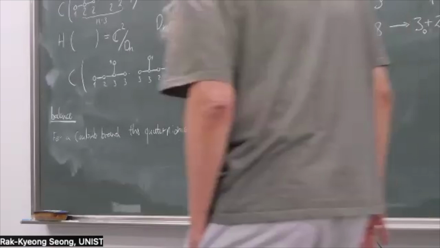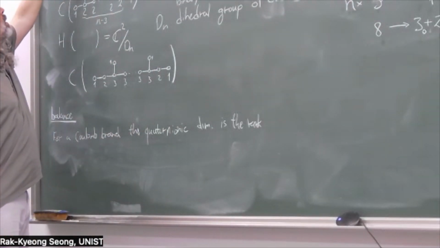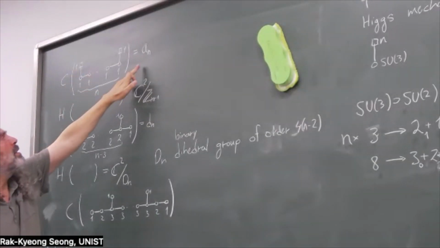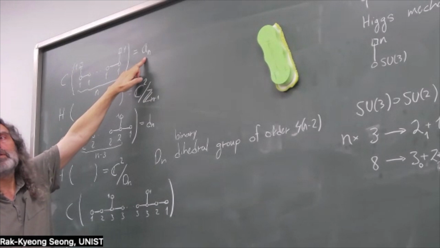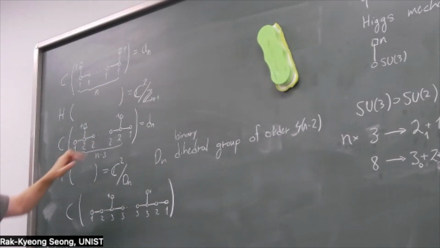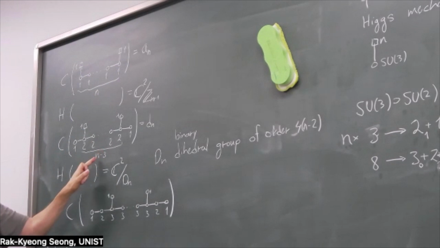So, for example, here, the quaternionic dimension is n, because I have n nodes of 1. That's the quaternionic dimension of the singularity A_n. And over here, we can count. So I have n minus 3 nodes of 2. So they will give me 2n minus 6.